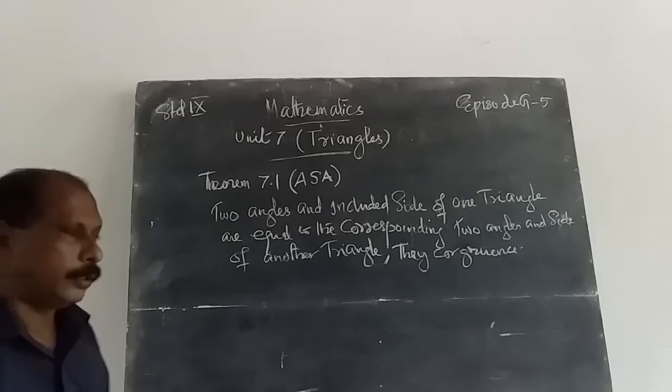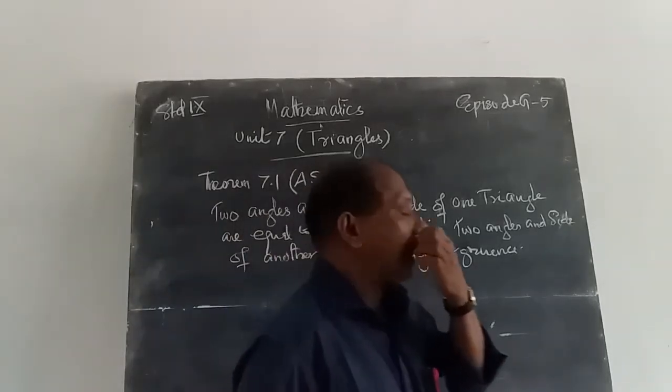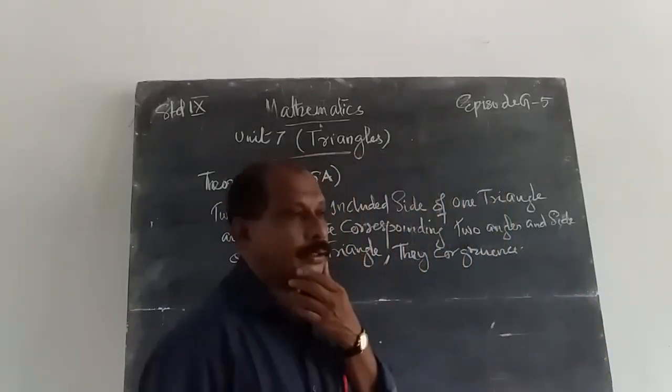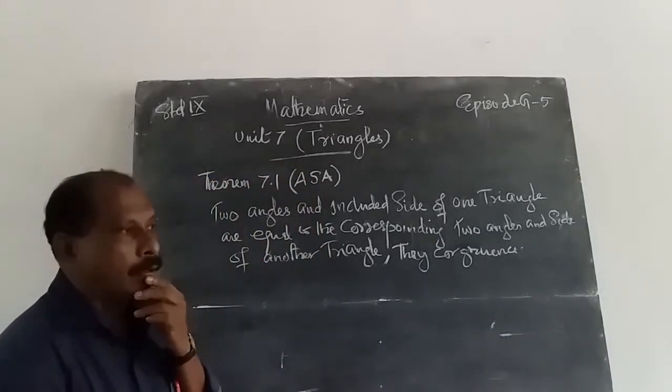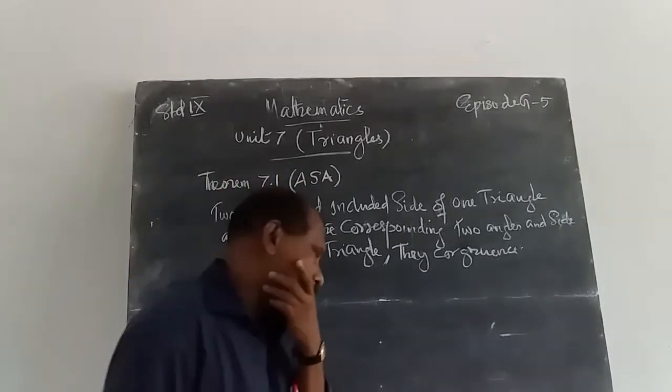That is the second theorem, the angle, side, angle property, that is the ASA criteria of congruency of triangles.